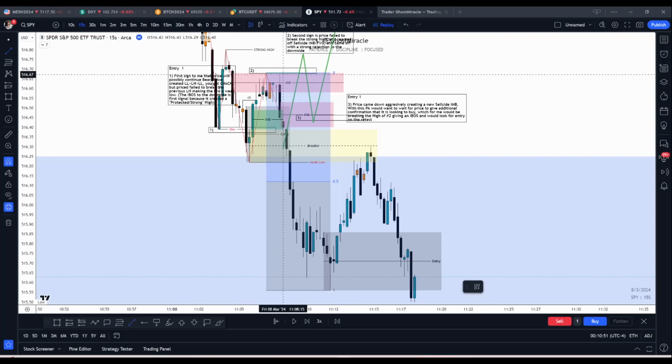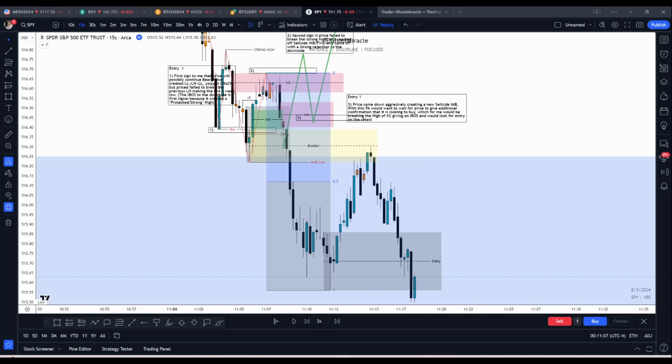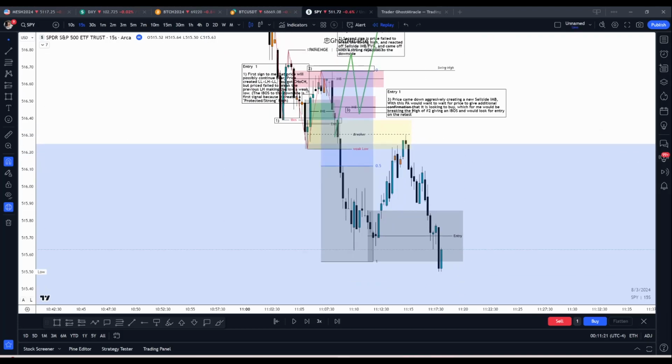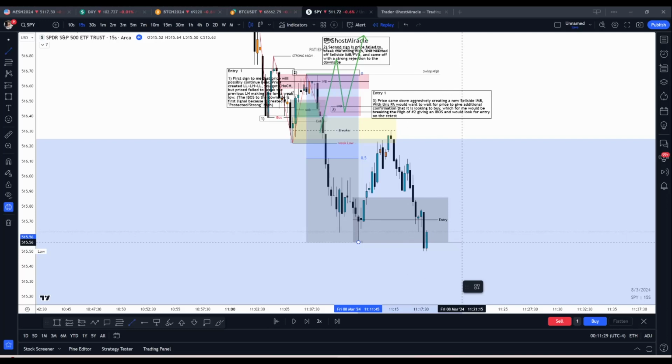So you have your high, your new high here. Based off of current structure, this would technically be the swing high for now on this time frame.